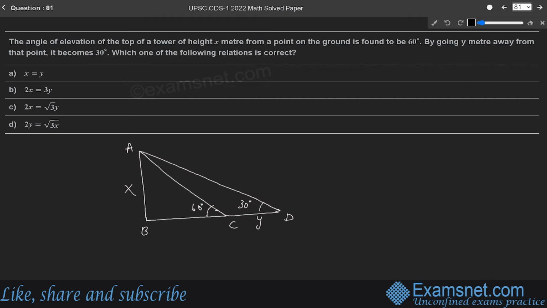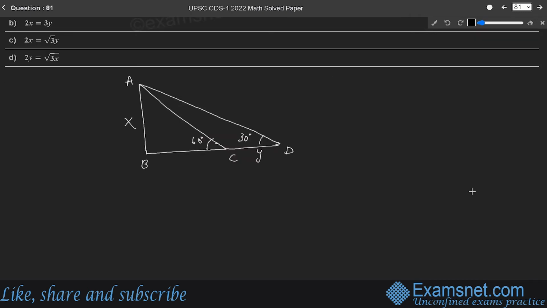Now according to the question, we know that tan theta is equal to perpendicular upon base. So here tan 60 degree will be equal to AB upon BC. Root 3 will be equal to x upon BC. So BC will be equal to x upon root 3.